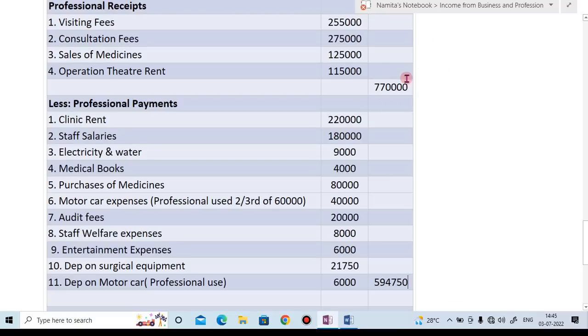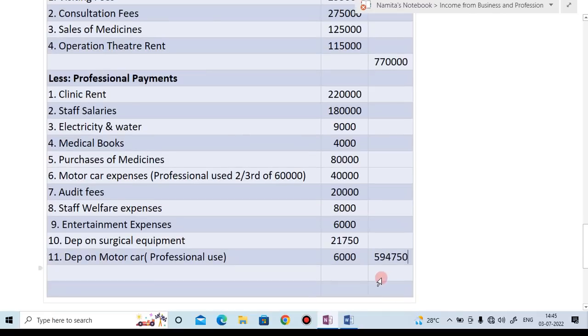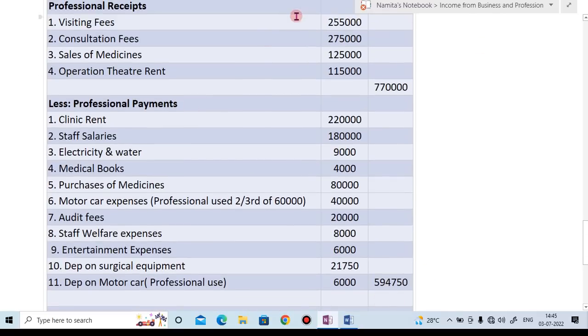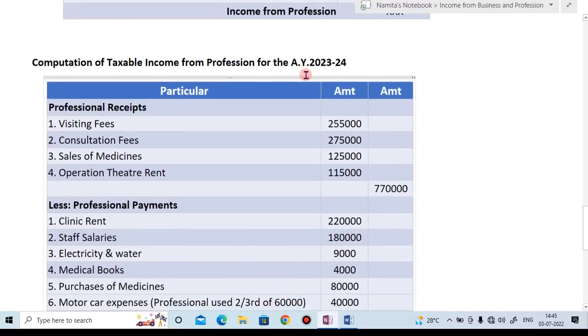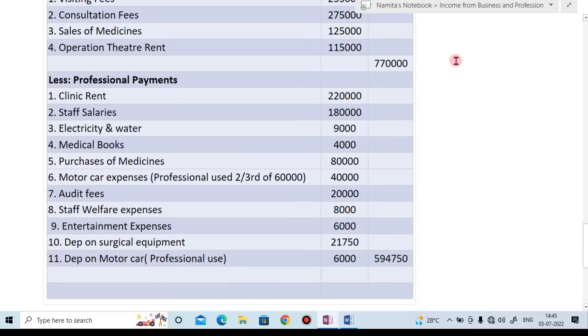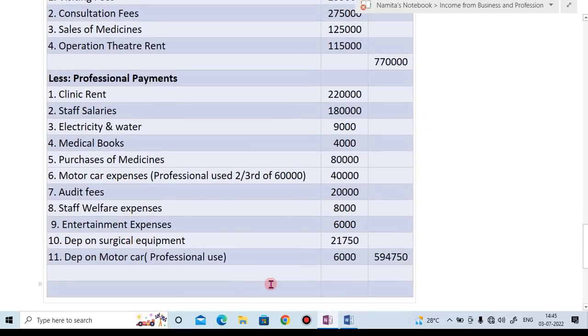Now from the total of professional receipt, less the total of professional payment.